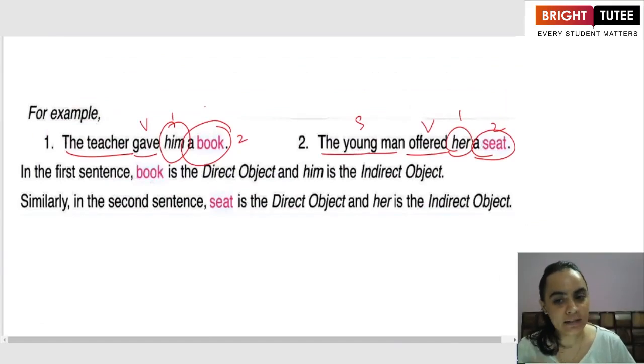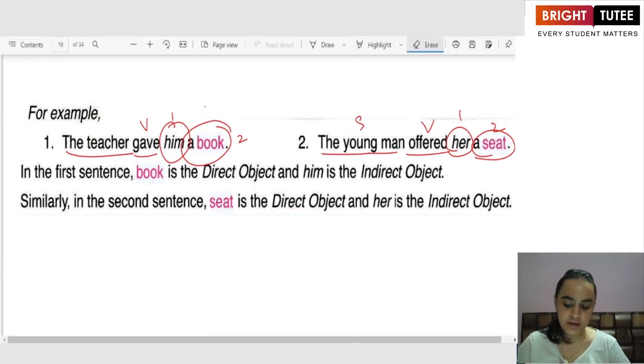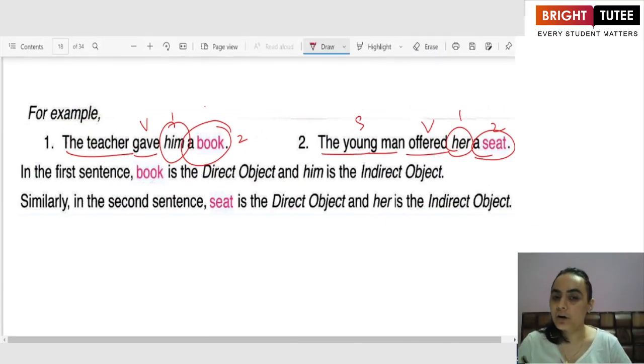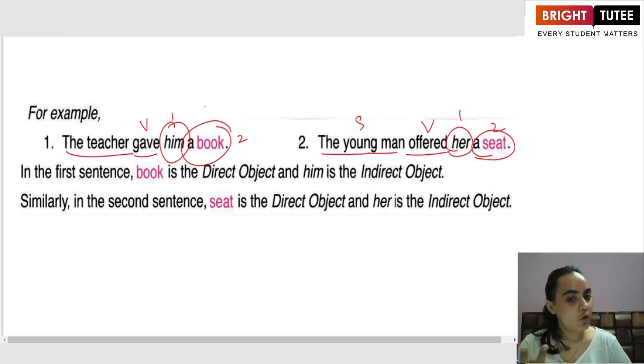So if we look at these two sentences given on your screen, the first one being: the teacher gave him a book. Here, as I made you mark, there are two objects, him and book. Now, which of these is a direct object? Direct object is that which is a name that is given to something.